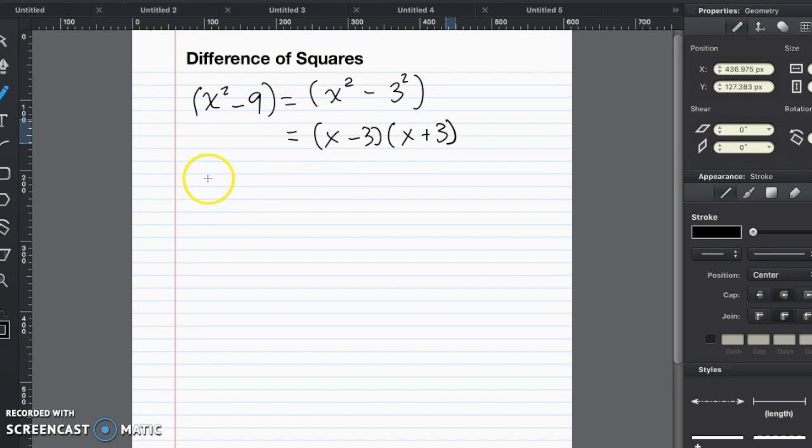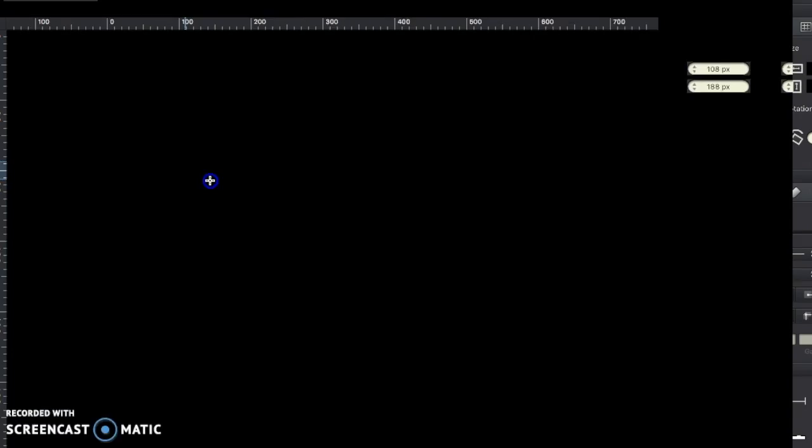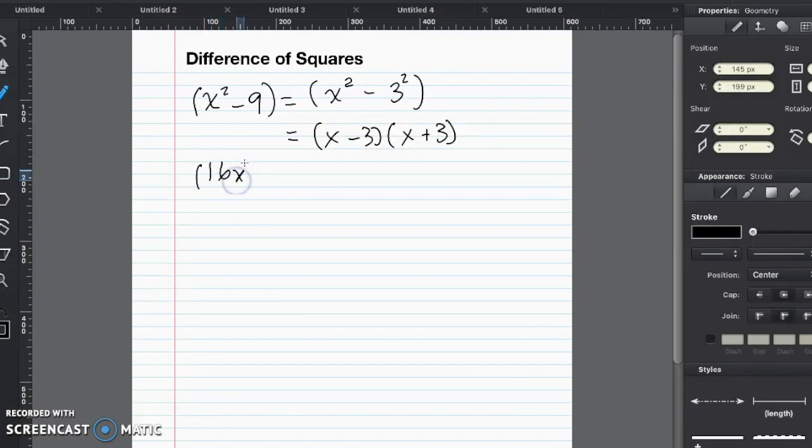So again, I just want to go through a few different examples. Let's do 16x, actually, let's make a different letter. Let's do y squared minus 36. So this one is also a difference of squares. This is a square, this is a square. You could break it down like this again, and as an exercise, I encourage you to do so, but if you can see that they're both squares, you can go directly.